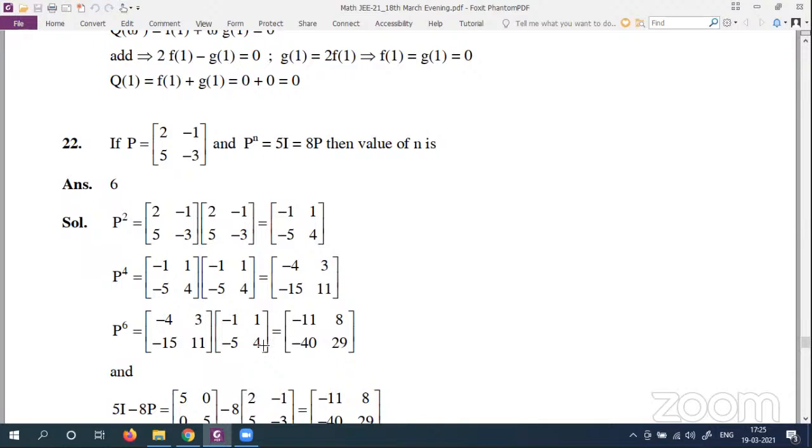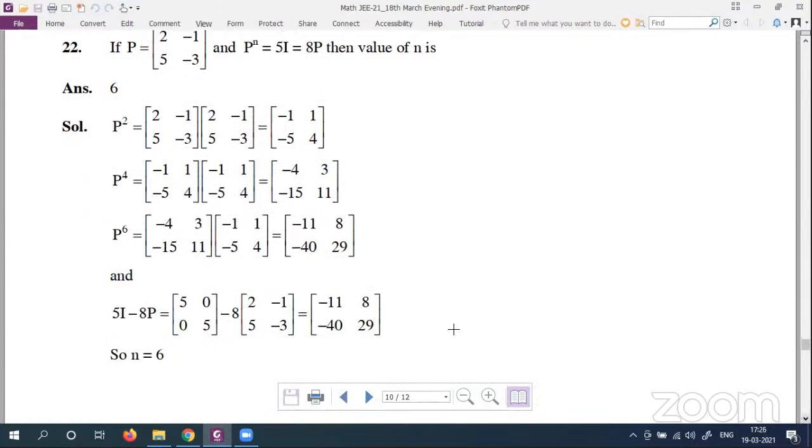So just try to find the values of P square, P power 4, and P power 6.